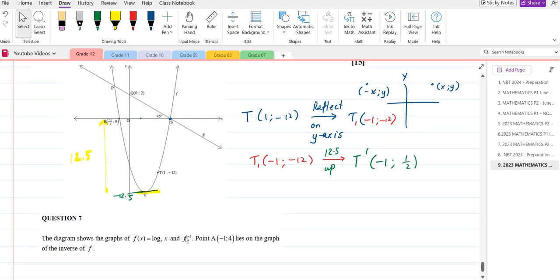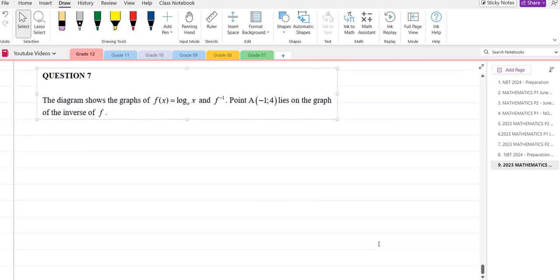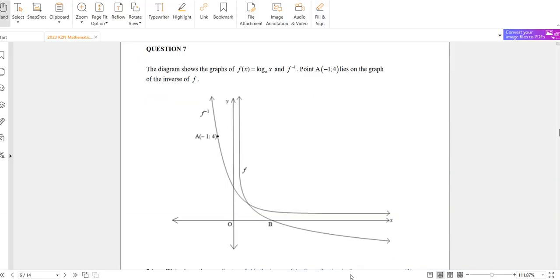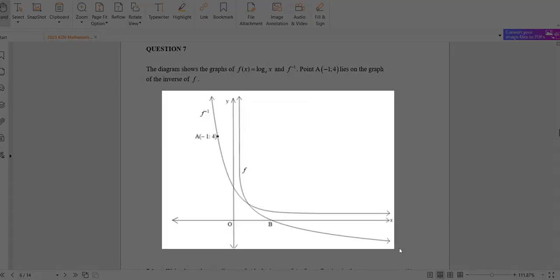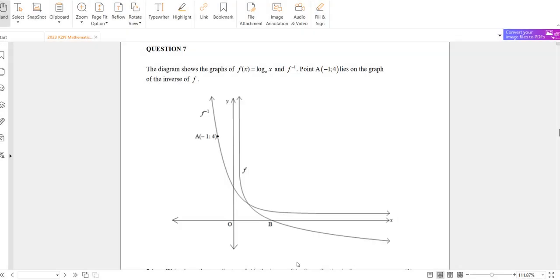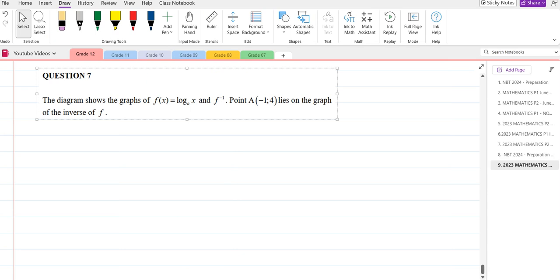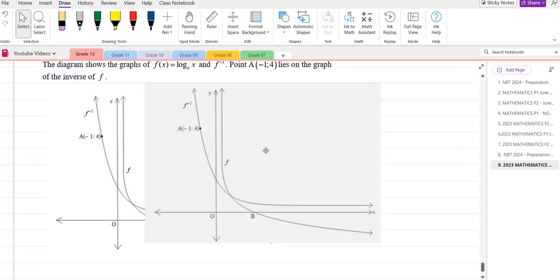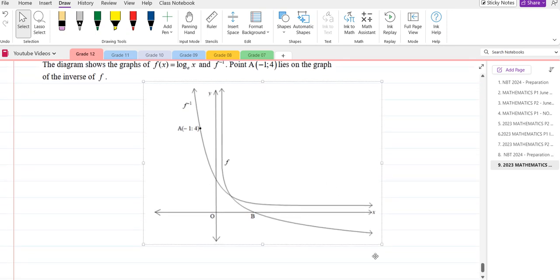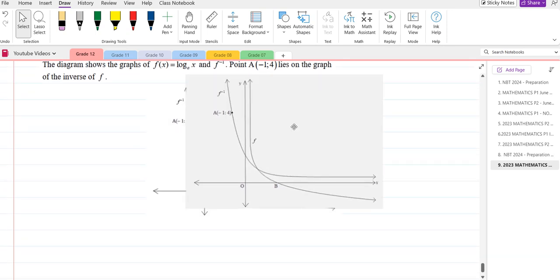Let's solve question 7. Alright, so it's based on functions and inverses. So the diagram shows the log graph and its inverse. Right, so let's analyze this function first and then answer the questions that follow.